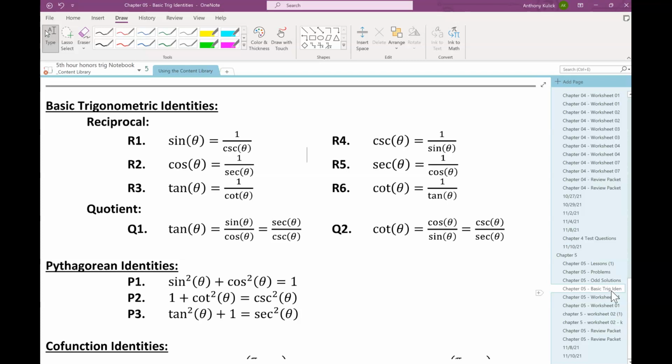Which one would be the more likely place to look? I would say the numerator because I have the minus 1 to go along with it. All these Pythagoreans have a 1 in them that's being added or subtracted. So I think the obvious candidate is P3. We have a secant squared in our numerator that I can replace with tangent squared plus 1. Okay with that idea?